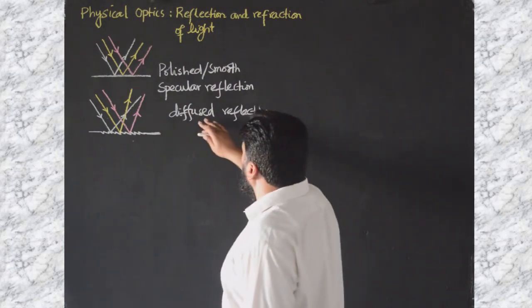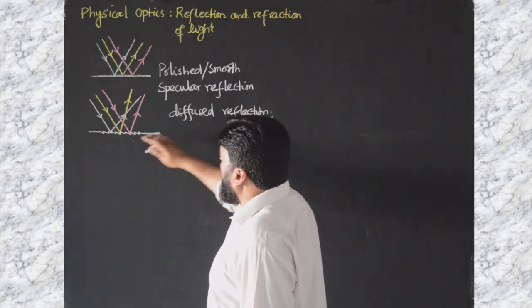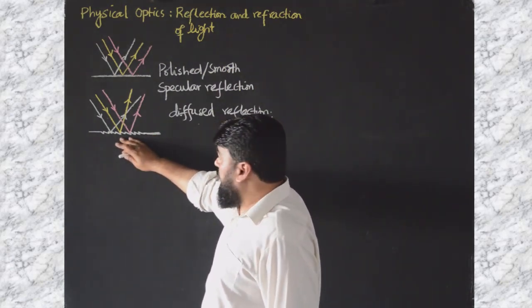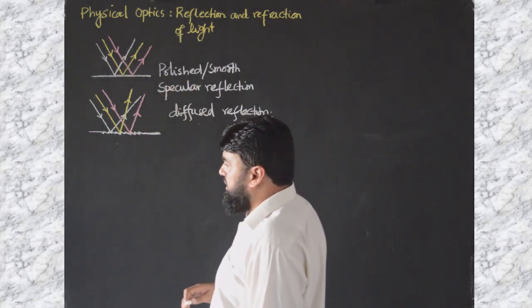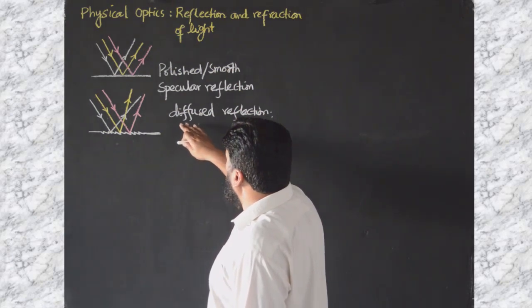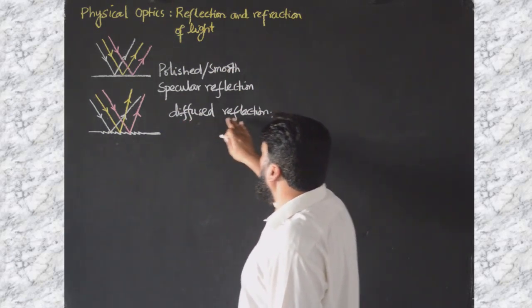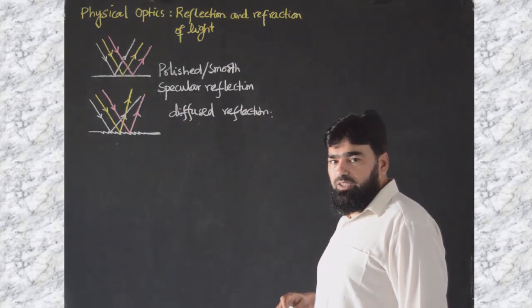Most of our surfaces are rough; they are not always glass or very polished surfaces like metal. So in most cases we have diffused reflectance.